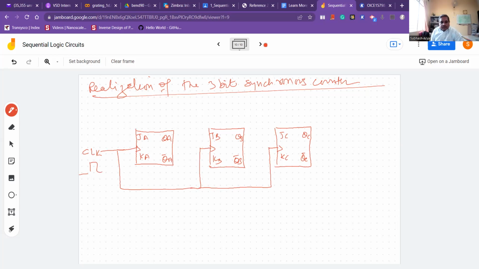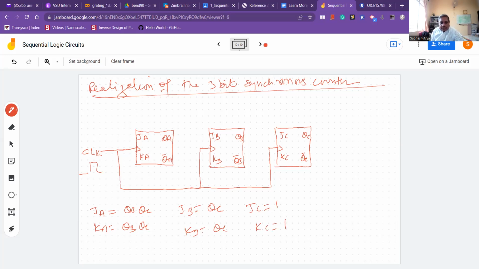Now we already know that JA is equal to QB QC, KA also QB QC, JB is equal to QC, KB equal to QC, JC is equal to what? KC is equal to what? So these are the inputs which we have to get.